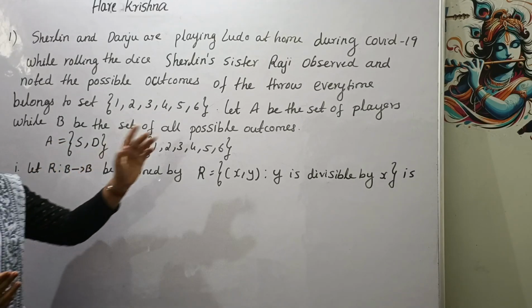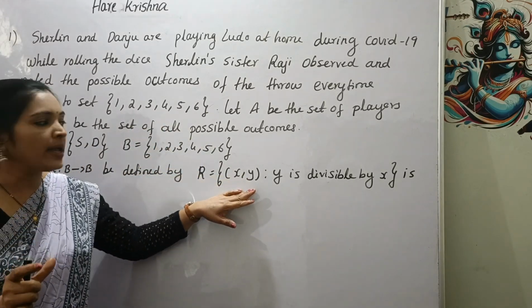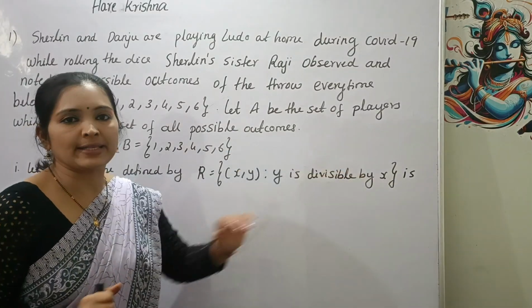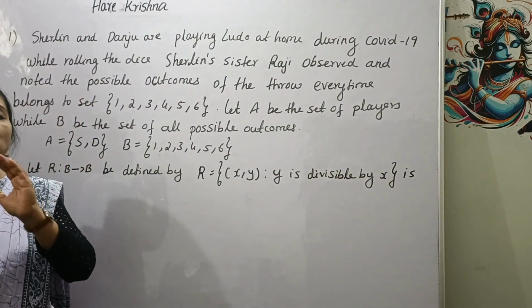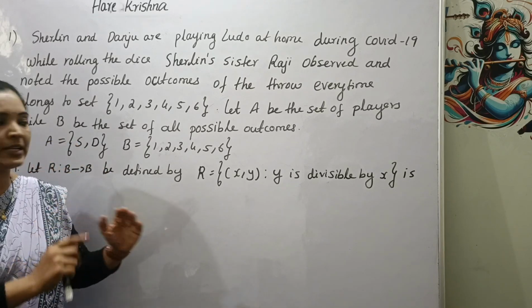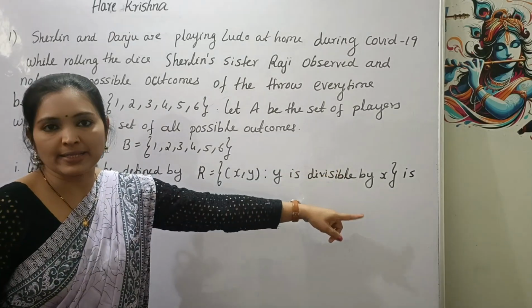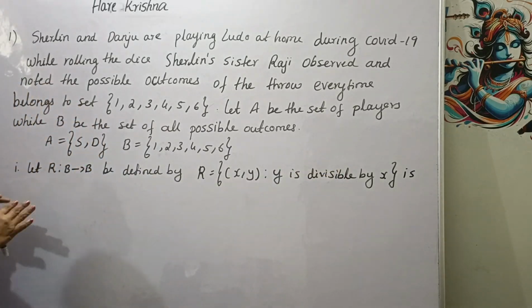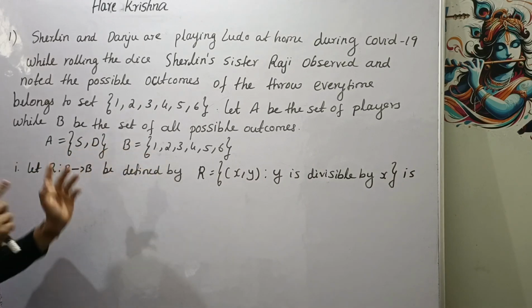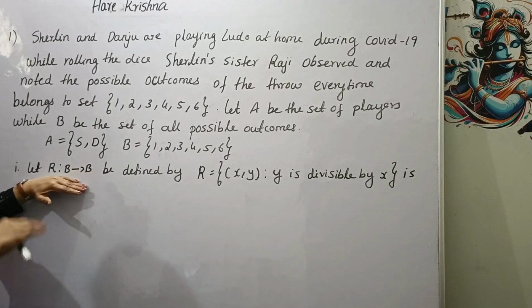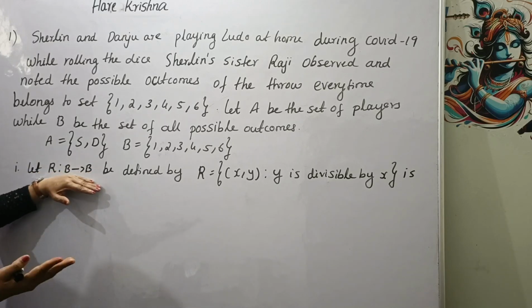Y is divisible by x, that means in each ordered pair, the second element should be a multiple of the first element. The relation is from B to B, and B is nothing but 1, 2, 3, 4, 5, 6.